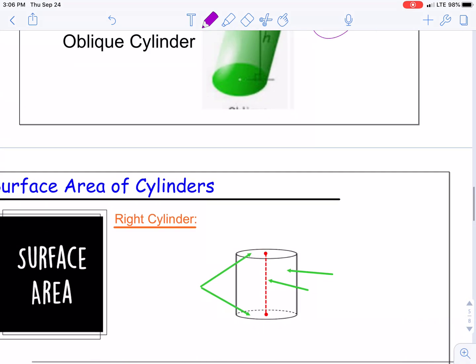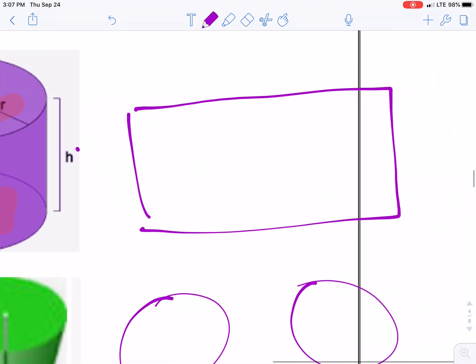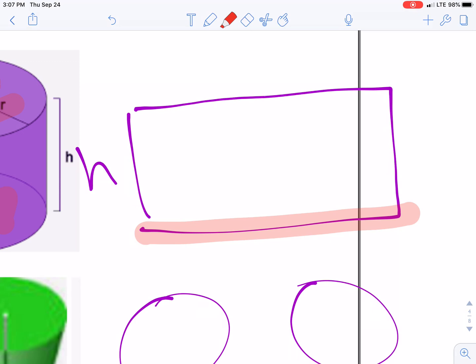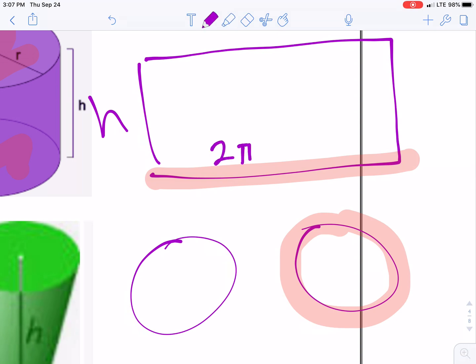rectangle, right? How did we get that dimension? Well, this would be considered the height, that's h, and this bottom piece, or the top piece length, wraps around the entire circle. So the distance around the circle is just the circumference, and that's 2 times pi times r.